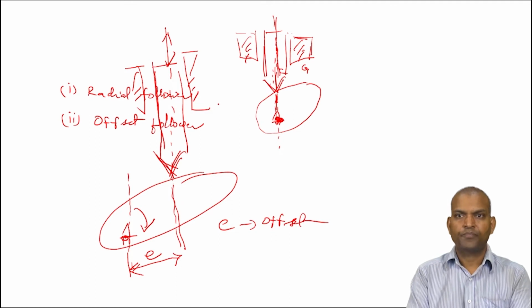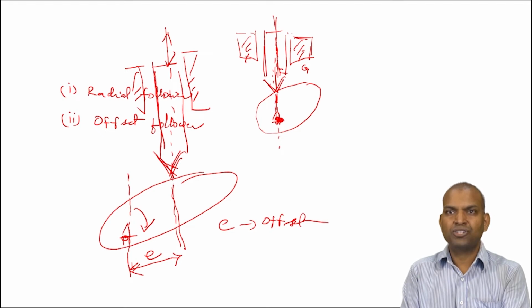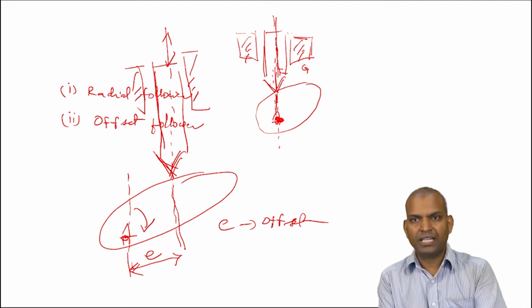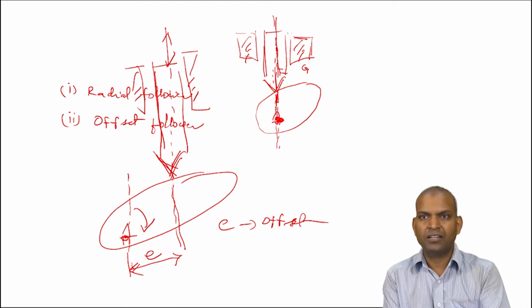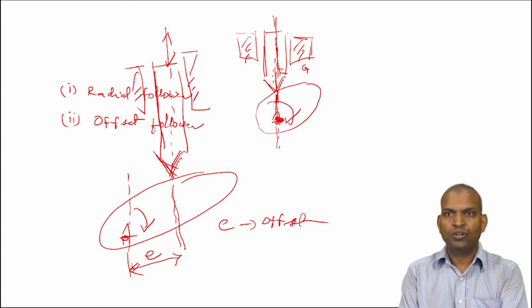Whereas in the case of a radial cam, the line of the axis of the follower's motion always passes through the center of the cam. Whatever the motion may be, the follower will not go off like that.